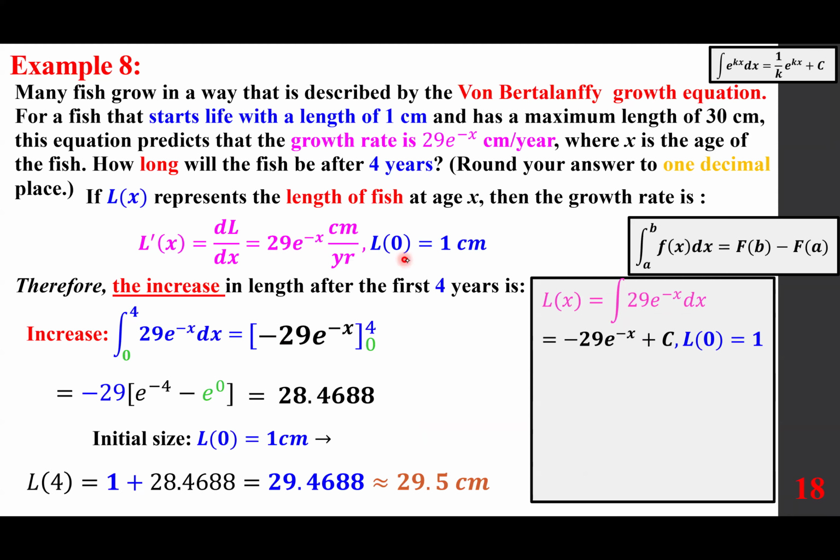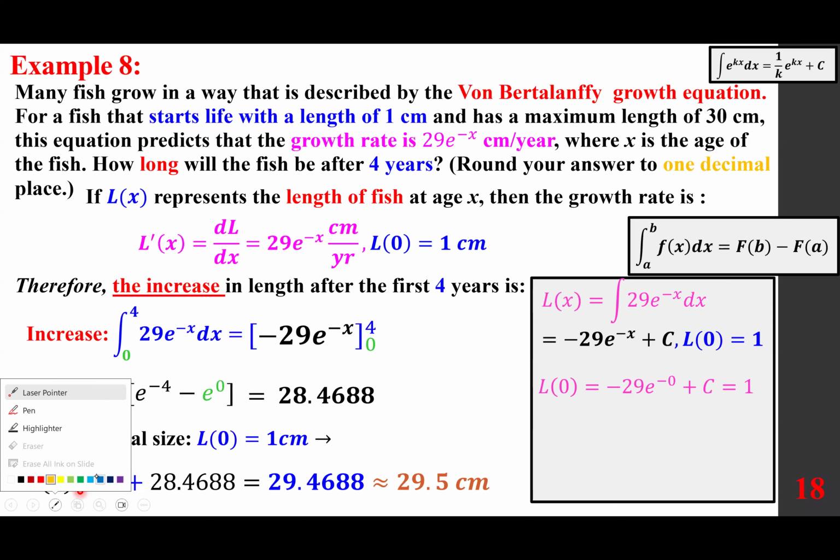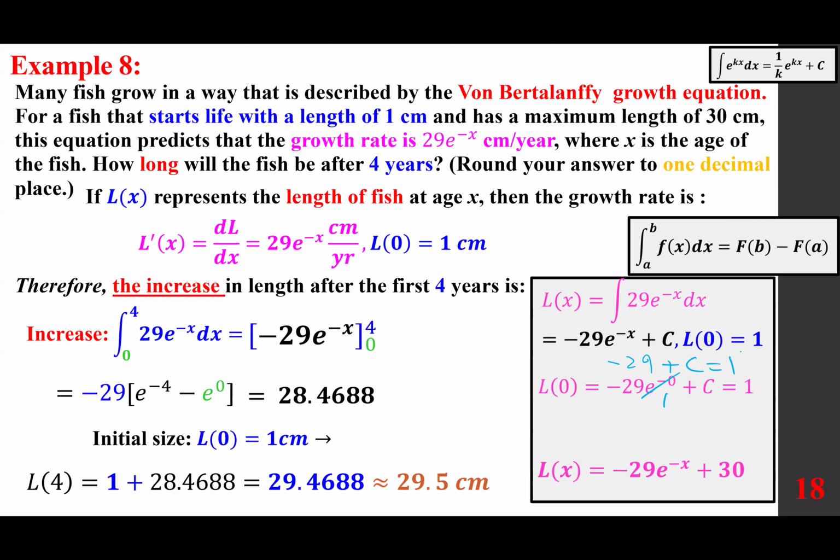So if we replace the x with 0, then L of x becomes 1. This is e to the power of 0, or 1, negative 29 plus what number is 1? That must be 30. Replace the c.